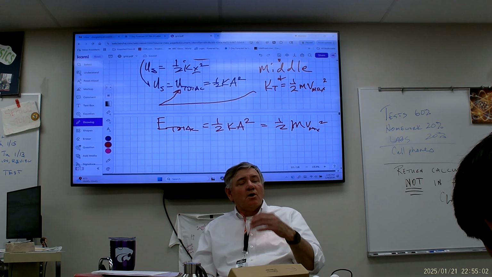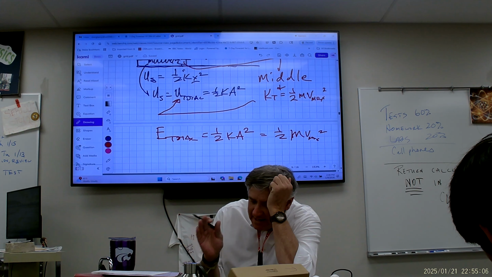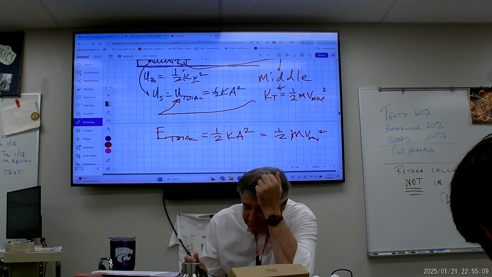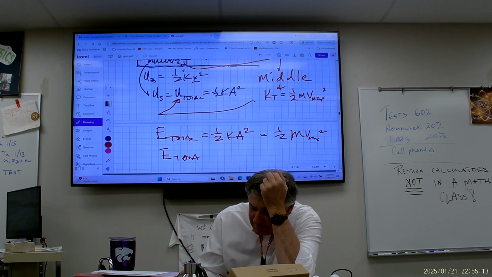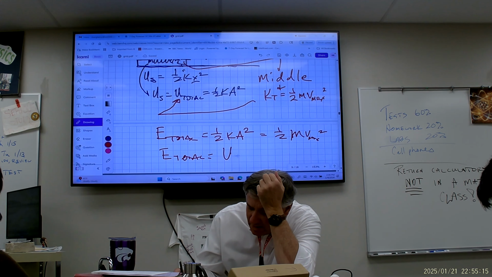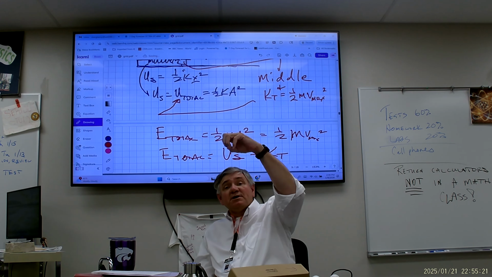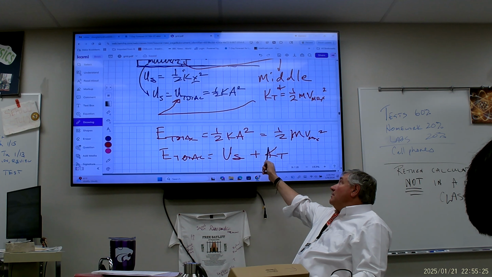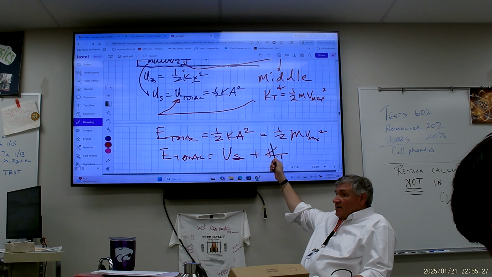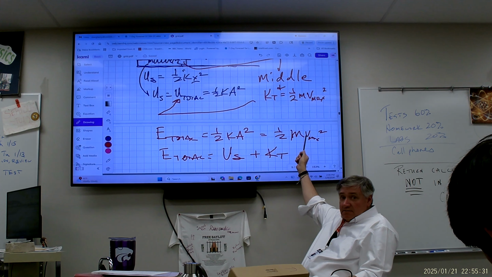Okay? So here's the other reality of what this means: at any point in between, the total energy that I'm going to have is going to equal some value of Us plus some value of KT. But if you look at the extremes, if I'm in the middle, I don't have any Us, and it's all kinetic, so that's 1/2 m v max squared.